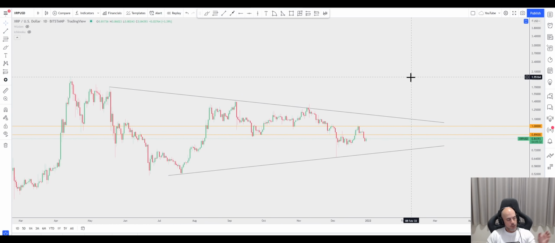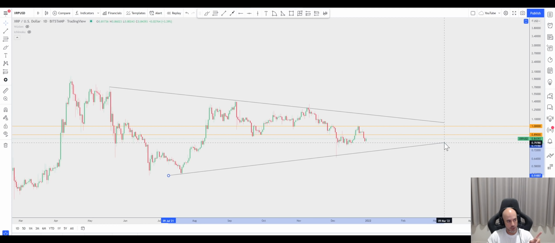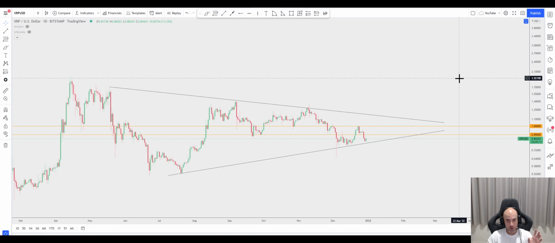Right. So whatever way we look at this, we have a symmetrical triangle. It is not a pennant. It is a triangle, a symmetrical triangle, and it's not a perfect one. Okay. If we do this, we have a symmetrical triangle.